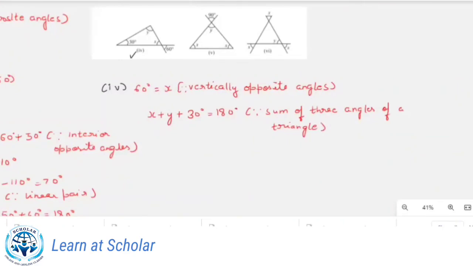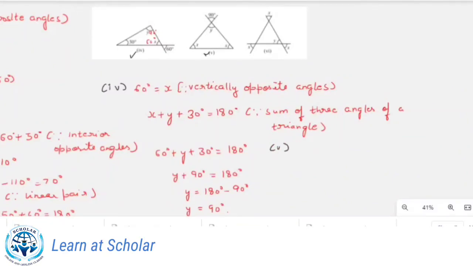One angle is already known. The value of x is 60 degree. We have to find out the value of y. Value of y will be 180 minus 90 degree. That means y will be equal to 90 degree.